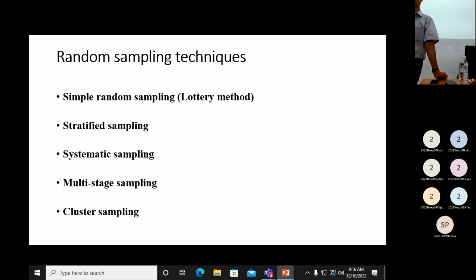That is called sample frame. Right. Example, employee register.